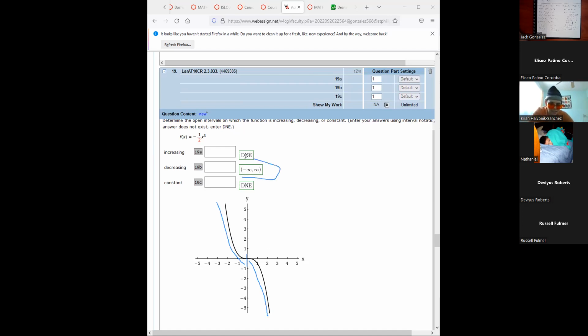Although I would disagree that there is a point where it's constant, right in the center. Let me zoom in there. But I think those ideas are more calculus ideas, and they're kind of ignoring this center point. Since it never really changed, we can say that it is decreasing the entire function.